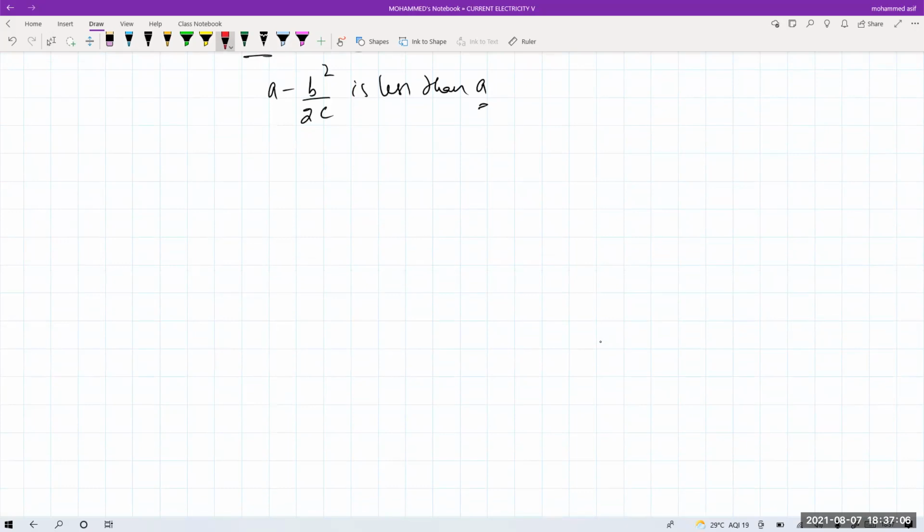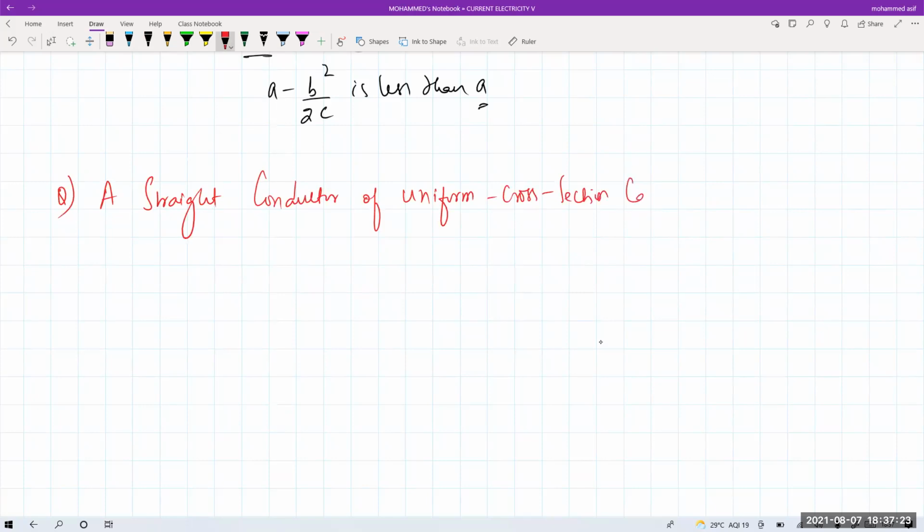One more question. A straight conductor of uniform cross section carries a current I. Let S be the specific charge, which we come across in chemistry, that is charge of electron by mass, e by m.